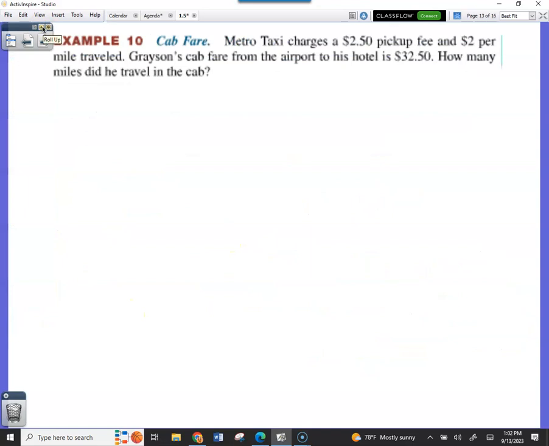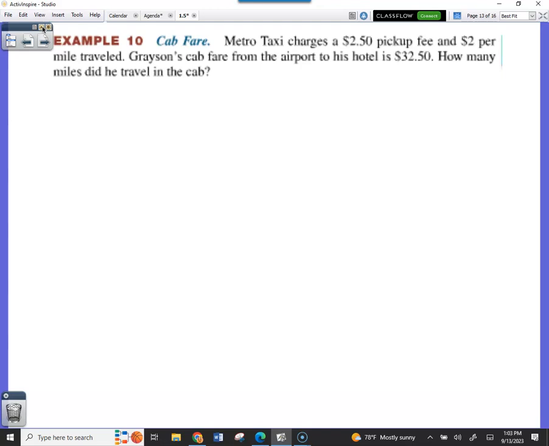That is a dollar sign, by the way. The taxi charges $2.50 for your initial pickup and then $2 per mile. Grayson's cab fare from the airport to his hotel was $32.50. So how many miles did he travel?